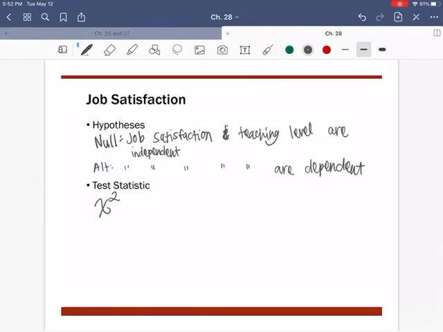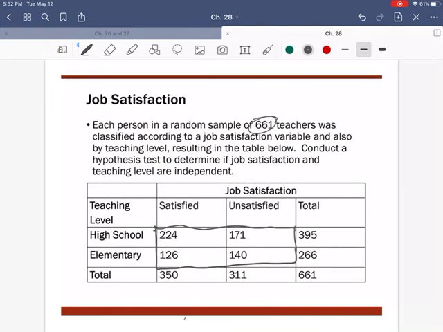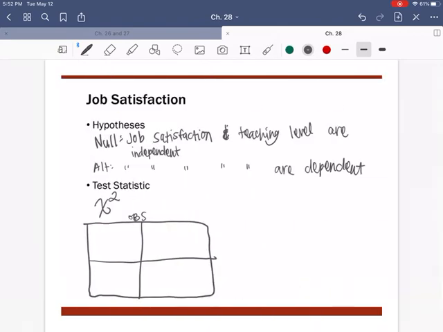Okay, the test statistic is chi-square. So with chi-square, we have our observed. And the observed is the four numbers that we boxed in this previous slide. 224, 171, 126, 140.